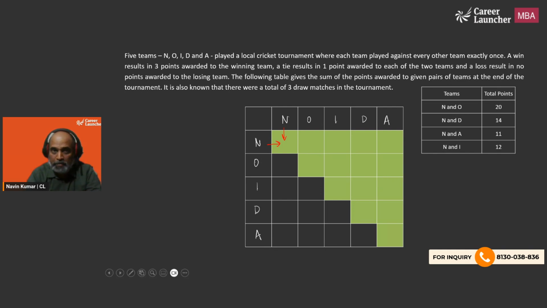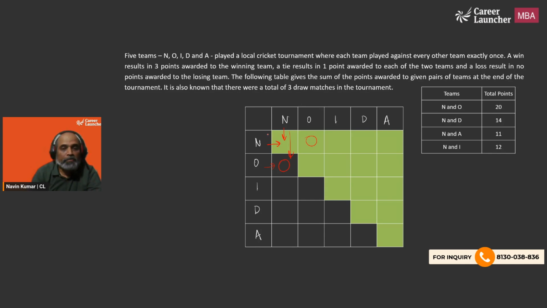So this cell will denote the match being played between the teams N and N, which doesn't happen. No team is going to play against itself. This is the cell which shows the match that is being played between N and O, right? Two different teams will definitely play a match. What will be the outcome? We do not know that yet.